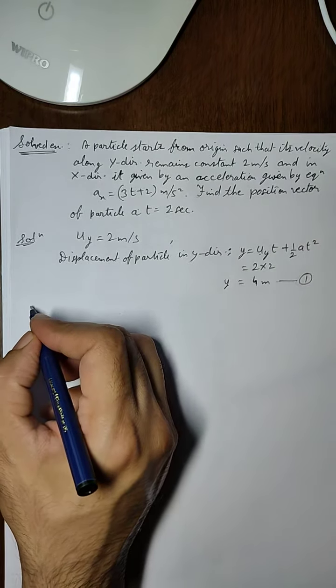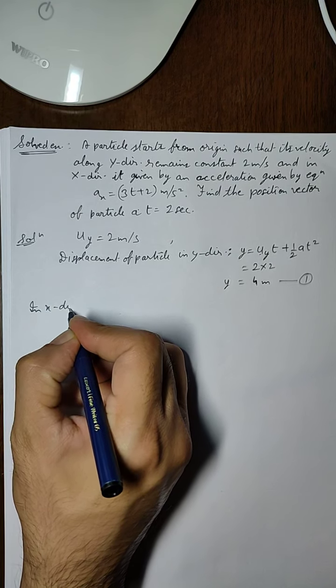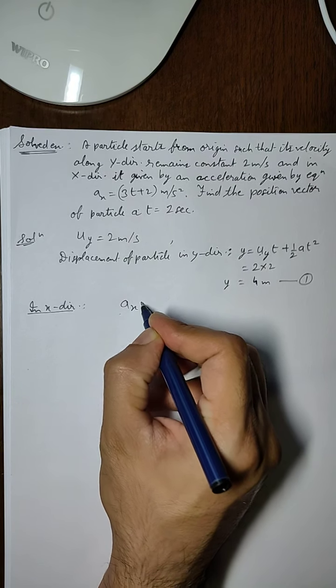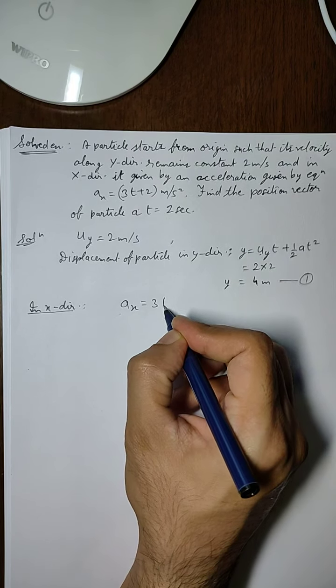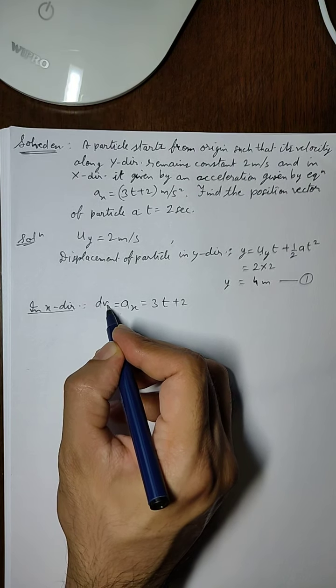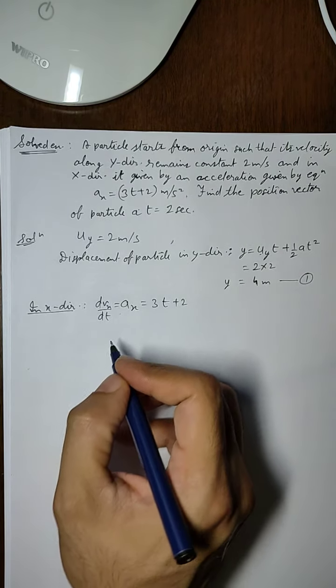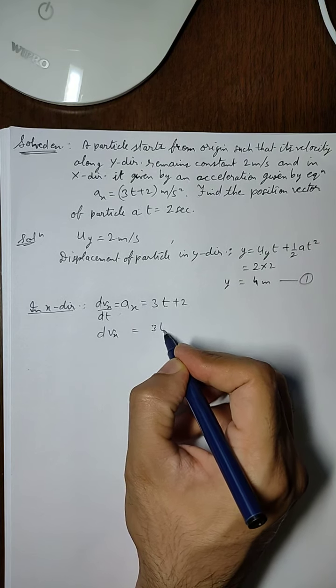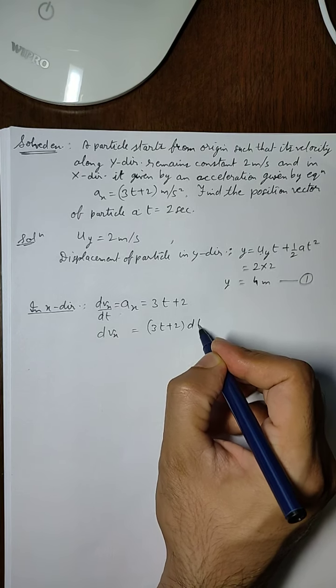Now along x direction, we are given an equation of acceleration which is 3t plus 2. Now we know that acceleration is nothing but dvx by dt. So you can write it like this: dvx equals (3t plus 2) dt.